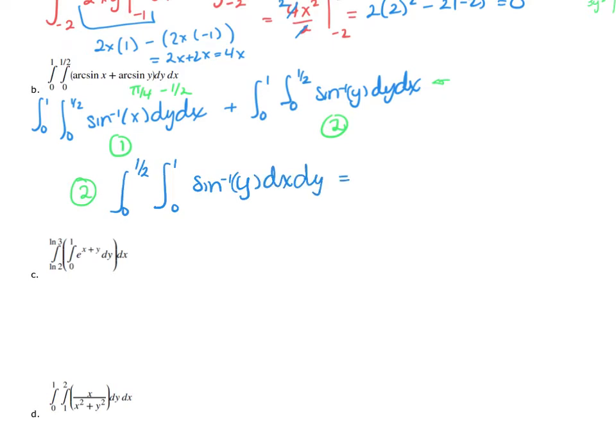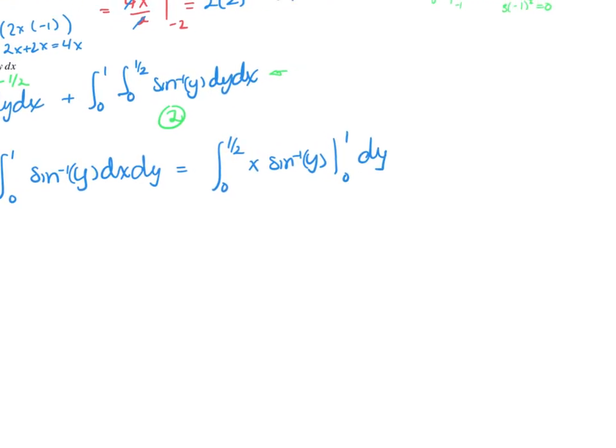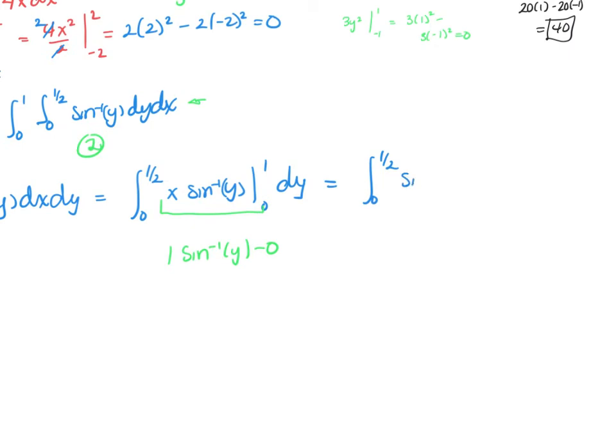This allows me to do the integration from 0 to 1/2 of x, and then it will be the sine inverse of y evaluated from 0 to 1 dy. So this portion becomes 1 times the sine inverse of y minus 0. So this is equal to the integral from 0 to 1/2 of the sine inverse of y dy.